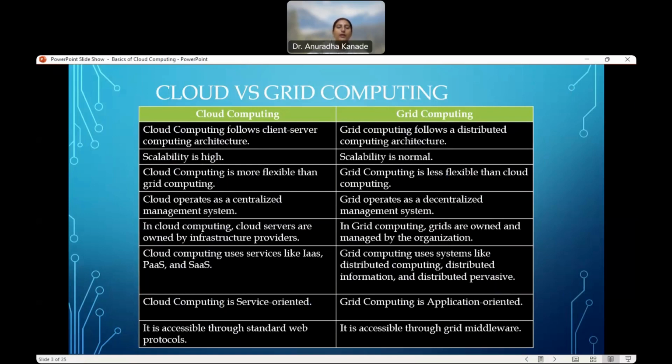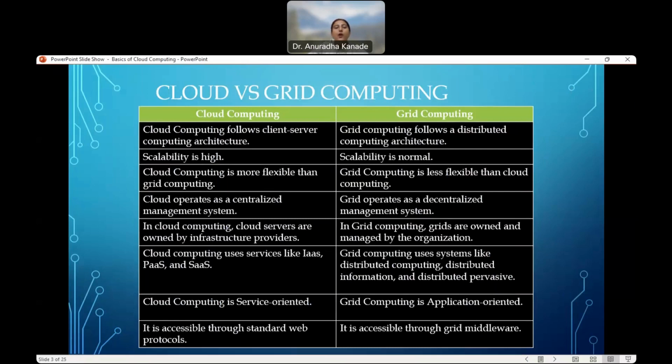Cloud computing is basically service oriented architecture because every facility is considered as a service. It may be an infrastructure, data, an application, or a platform. In case of grid computing, it is application oriented.